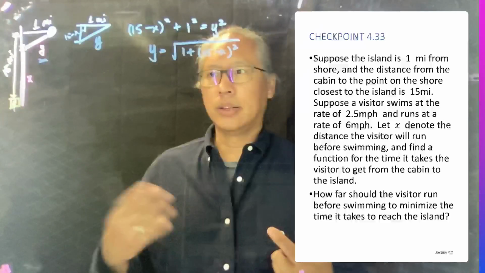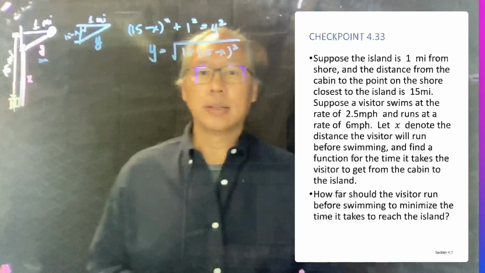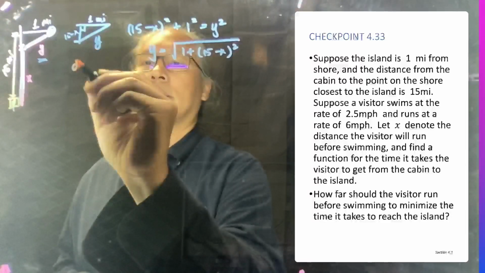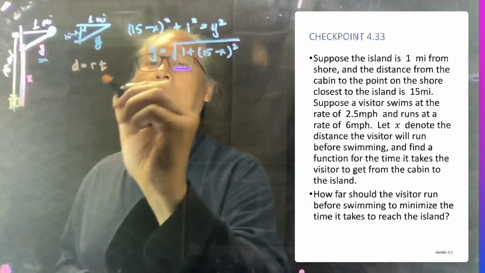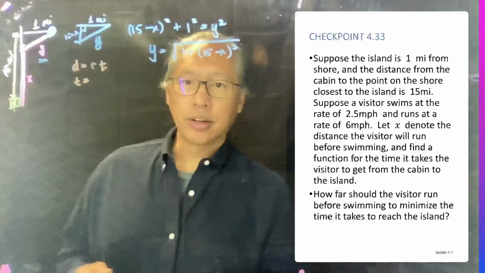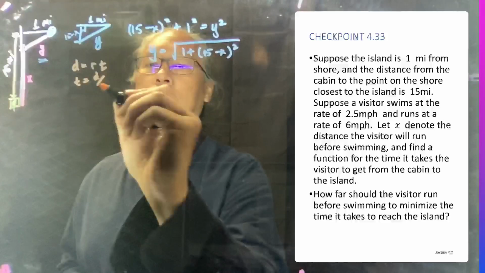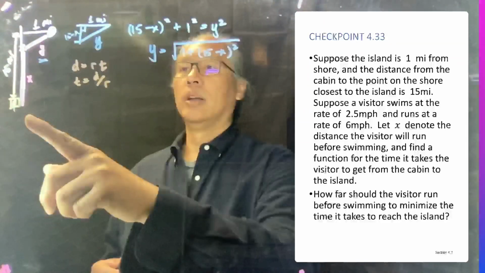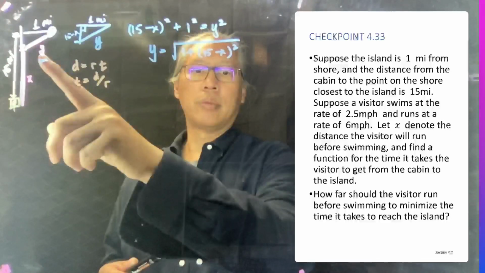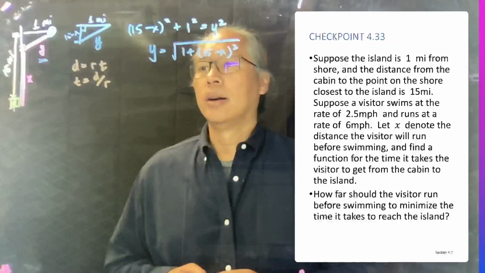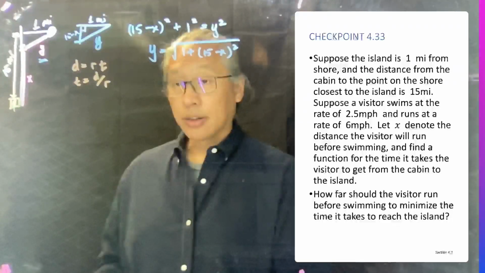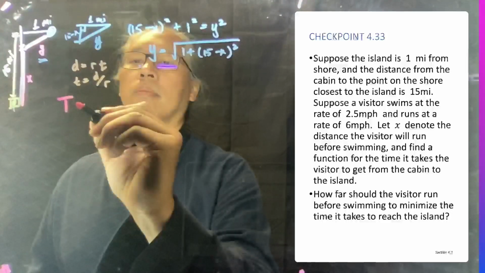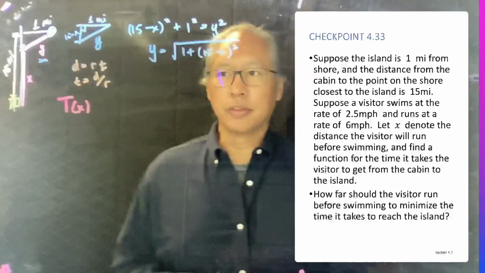Now these are distances, and we want the time. So let's remember our handy formula: distance equals rate times time, or if we want to do things in terms of time, time is going to be distance divided by the rate. And we have rates, I think. We have the rate for the running part, and we have the rate for the swimming part. All right, so let's write this in terms of time now. Our time will be a function of x.